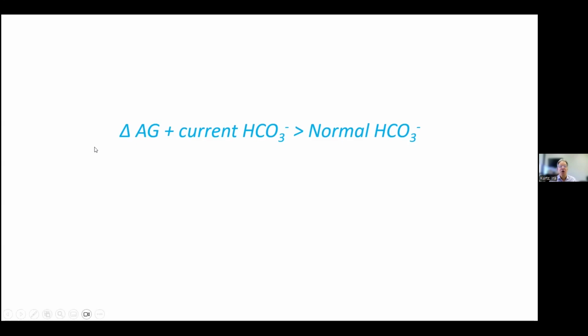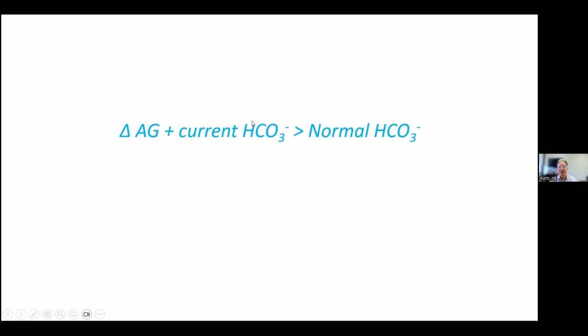If in the ideal world the volume of distribution is the same and their input-output handling is the same, then the drop in the bicarbonate from its original level should equal the elevation of the anion gap from its level. And that's why this came about historically, where you look at the change in anion gap and add that to the current bicarbonate to get the original bicarbonate, had you not had the proton load.